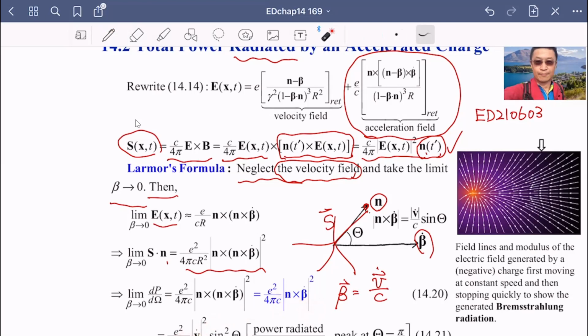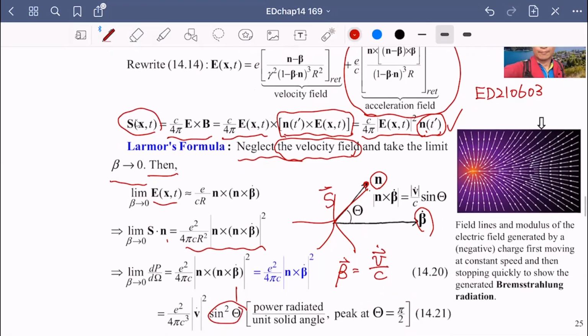The result is e squared over 4 pi c cubed, v dot squared, times sine squared theta, because n cross beta dot is a cross product. Theta is the angle between n and beta dot. So the power radiated per unit solid angle peaks at pi over 2, where the maximum value of sine is 1.